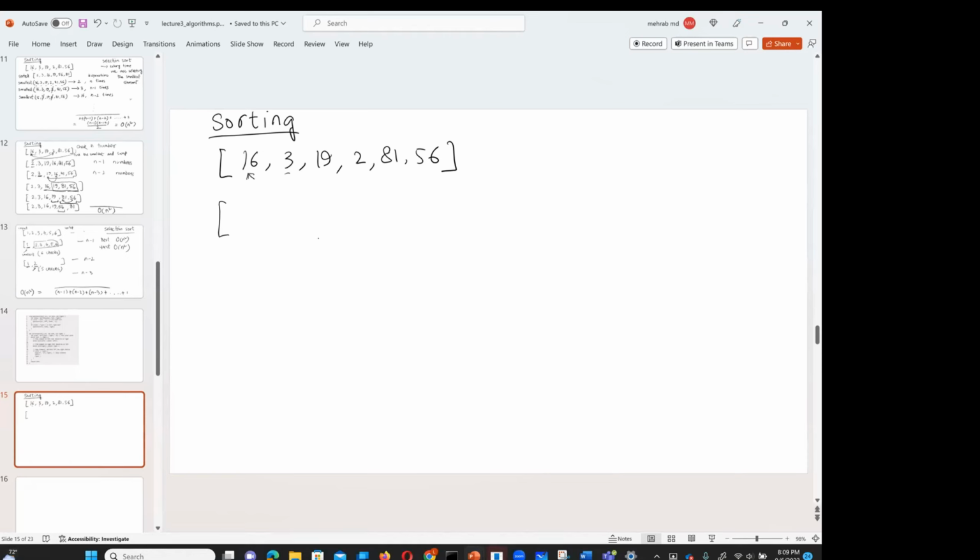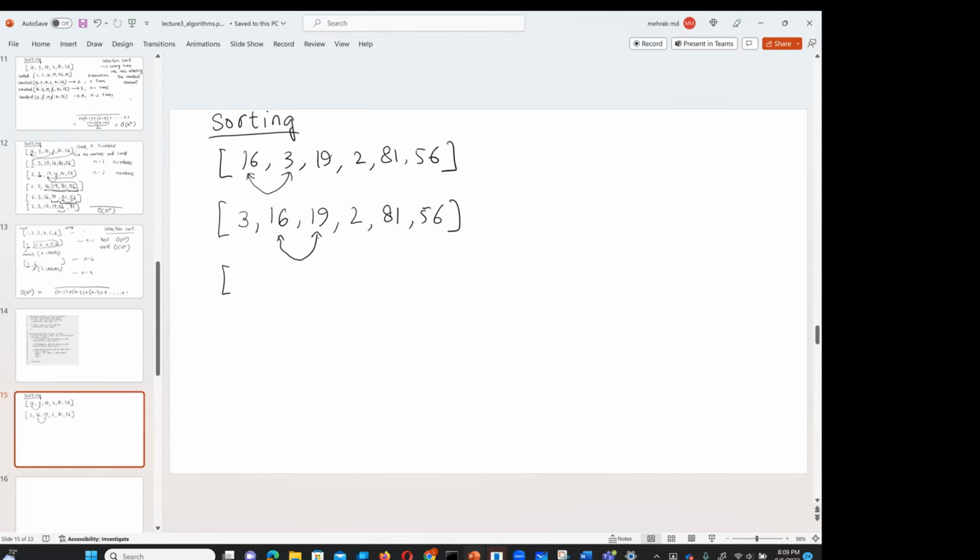So first I will check 16 with what? 3, right? Yes. Okay, and since 3 is smaller, I will swap 16 with 3. So in the next iteration, it will look like this. Then I will check 16 with 19.